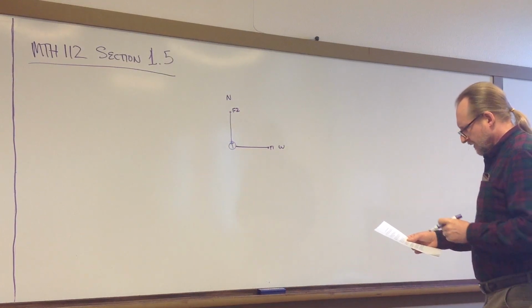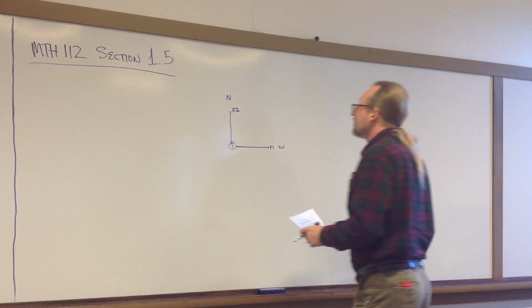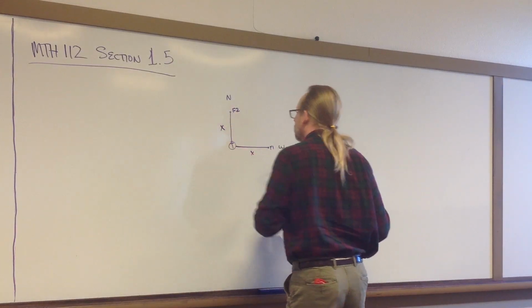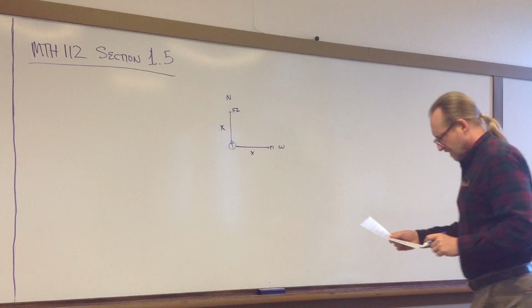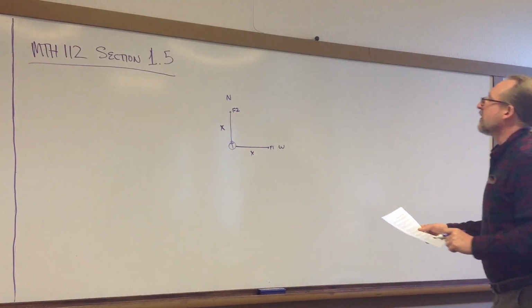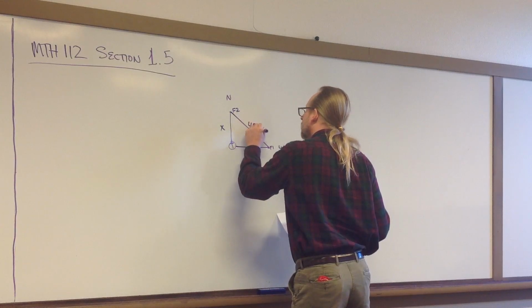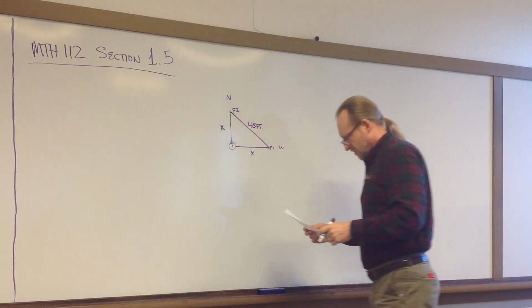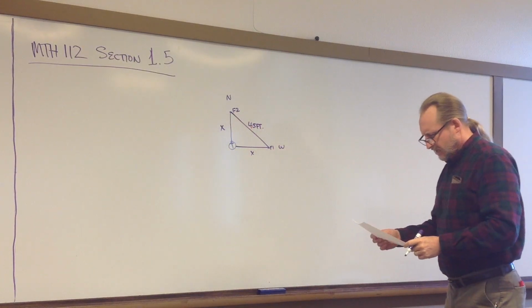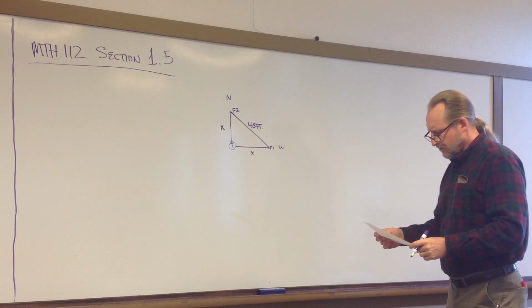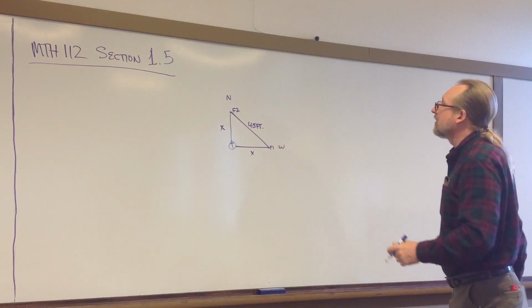The two foresters are the same distance from the base of the tree, so I'll call those both X. And they are 45 feet from each other. Okay, so this is 45 feet. If the angle of elevation for each forester is 40 degrees, how tall is the tree?